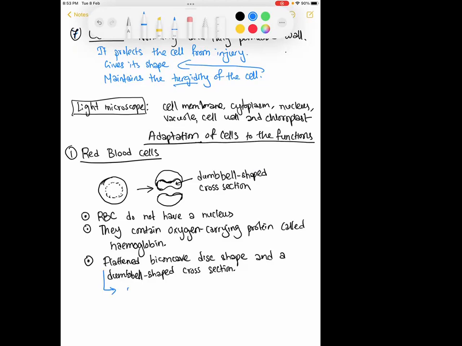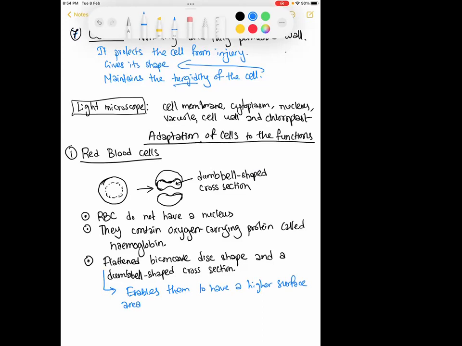This enables them to have a higher surface area to volume ratio, because the higher the surface area to volume ratio, the faster the diffusion of oxygen will be.